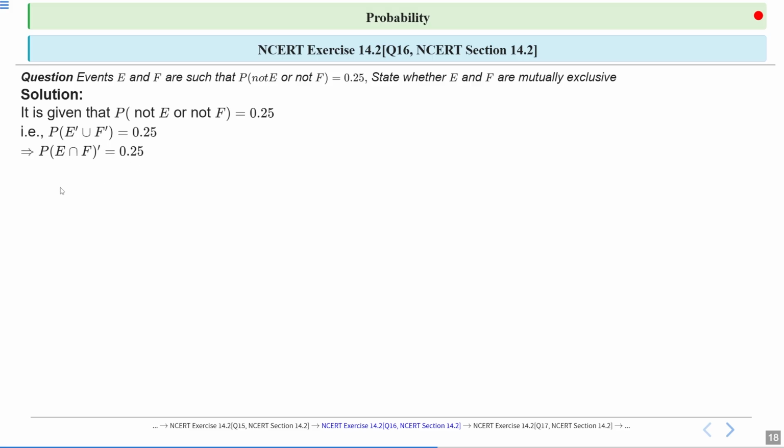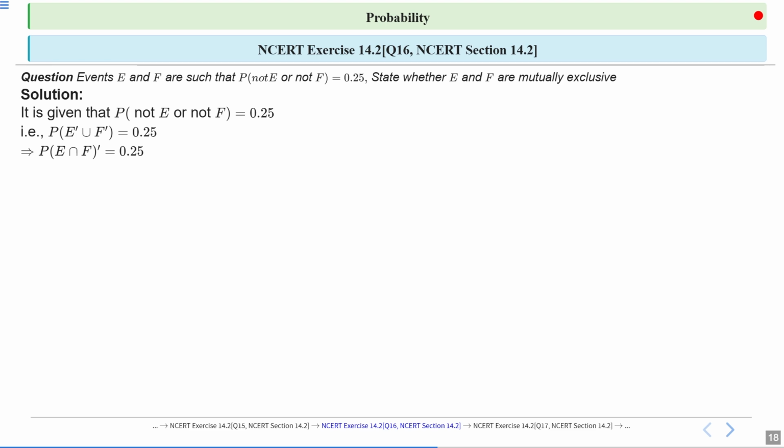Now we will use De Morgan's law, that is, (E intersection F) whole complement equals E complement union F complement. From there, the probability of E complement union F complement equals the probability of (E intersection F) whole complement.